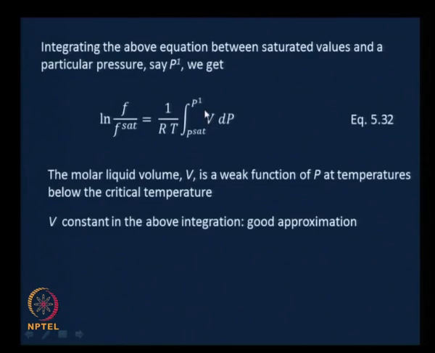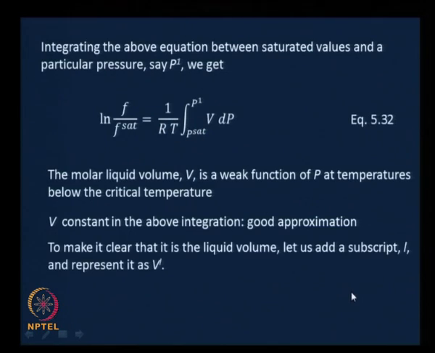and we had identified that the molar liquid volume is a weak function of pressure at temperatures below the critical temperature, and therefore this molar volume can be considered a constant in this integration. It comes out, and that is a very good approximation.